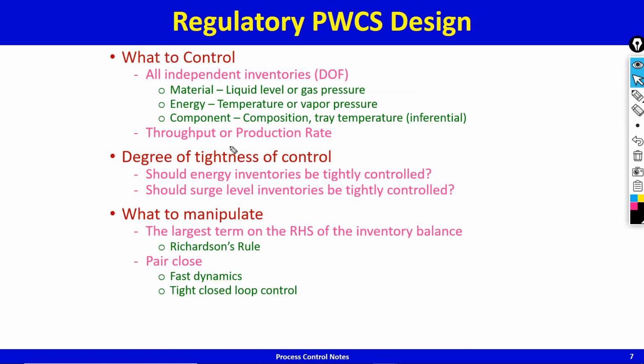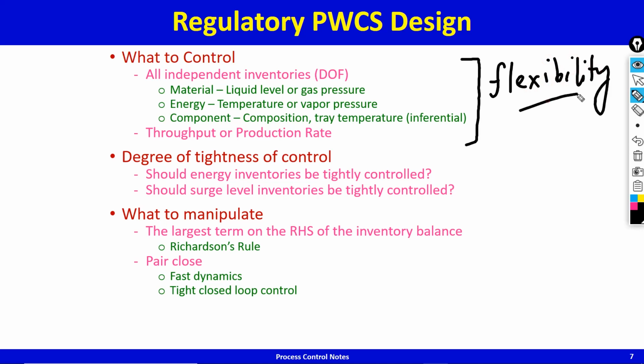Now the thing that I wanted to highlight here was that there's tremendous flexibility here, and this flexibility was partly seen in degrees of freedom analysis, in terms of what are you specifying corresponding to those degrees of freedom.